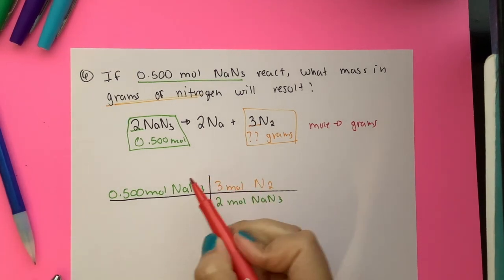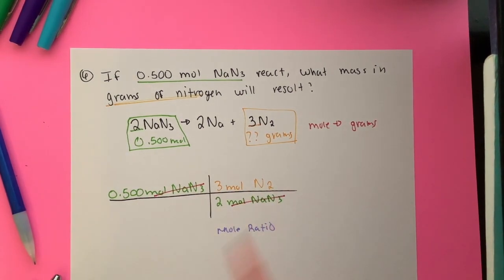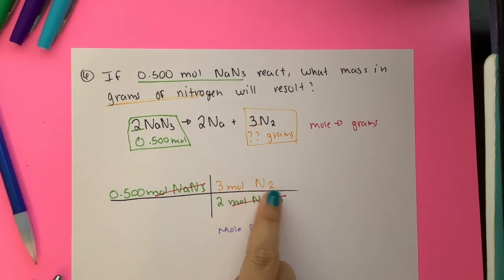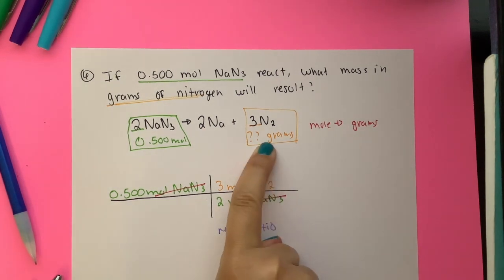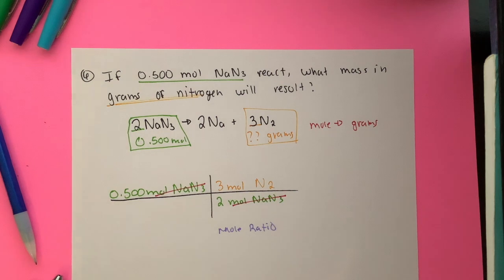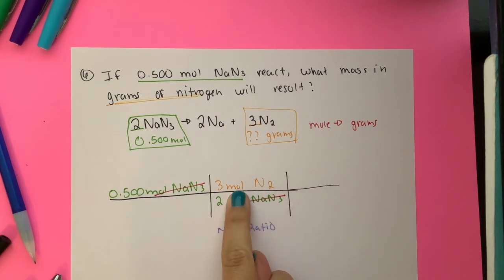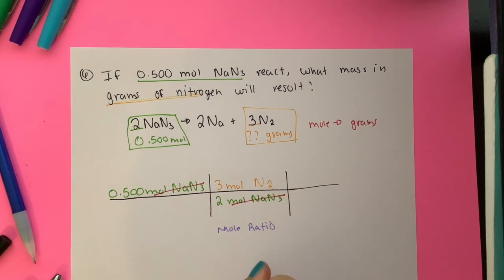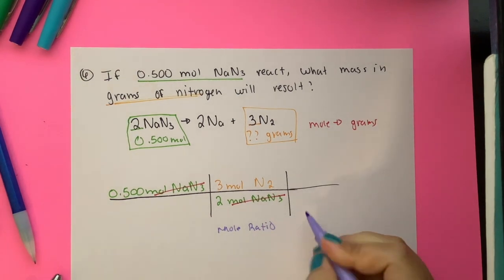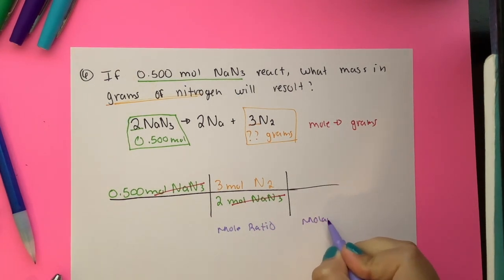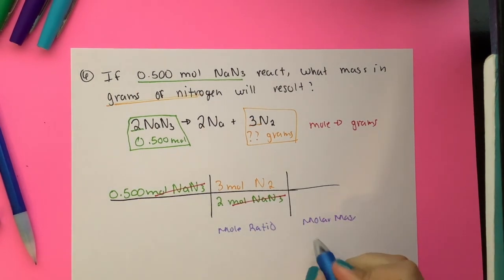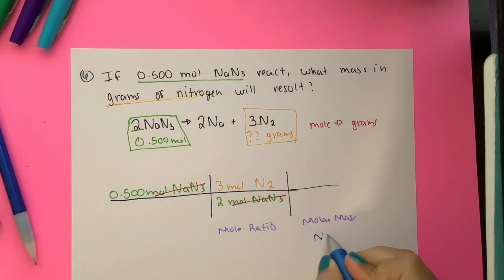The reason that I do this is the moles of NaN3 cancel out. I'm left in moles of nitrogen. The question is not asking me for moles, it's asking me for grams. So I need to do one more step. And in that step, I need to turn moles of nitrogen into grams of nitrogen. And I do that by using the molar mass. Okay, so I need to find the molar mass of N2, which I have 2 nitrogen.